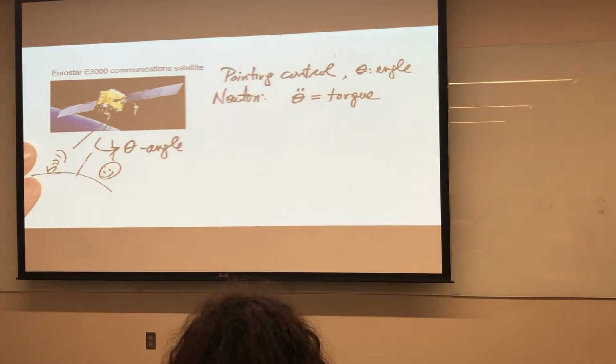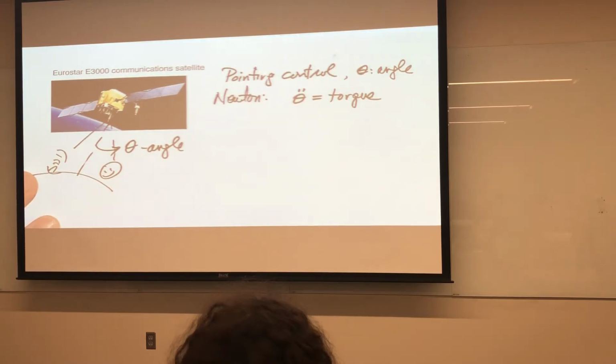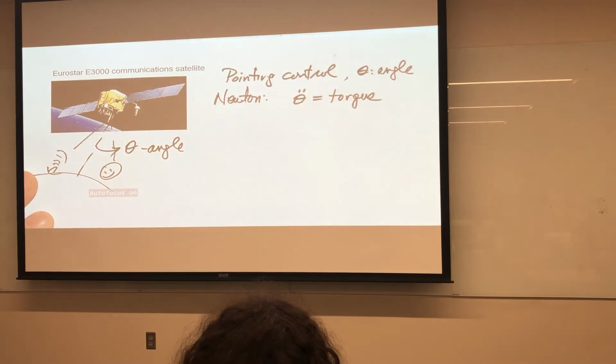If you wanted to turn this thing, you have to twist it, and twisting implies you have to apply torque. It's just like taking a nut off a bolt. You have to twist it, and twisting force is what we call torque. That's why we have things called torque wrenches.